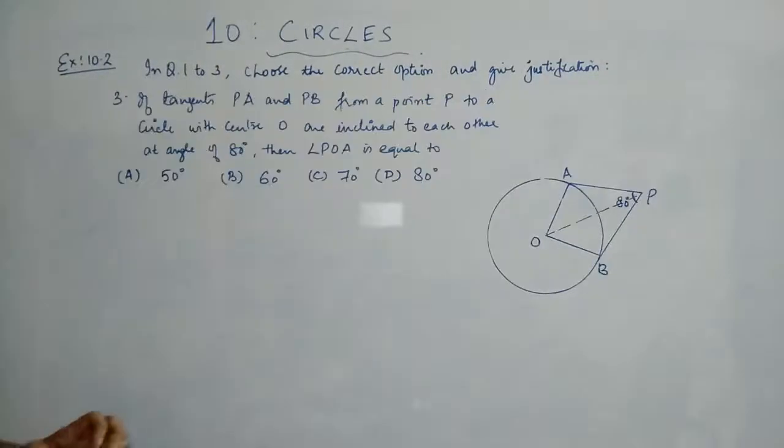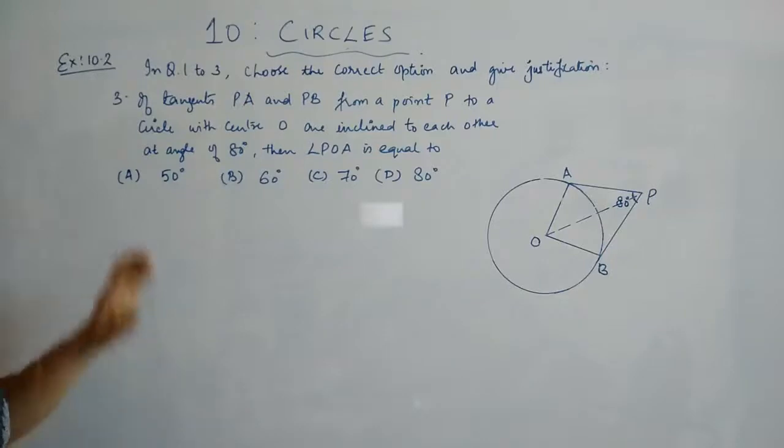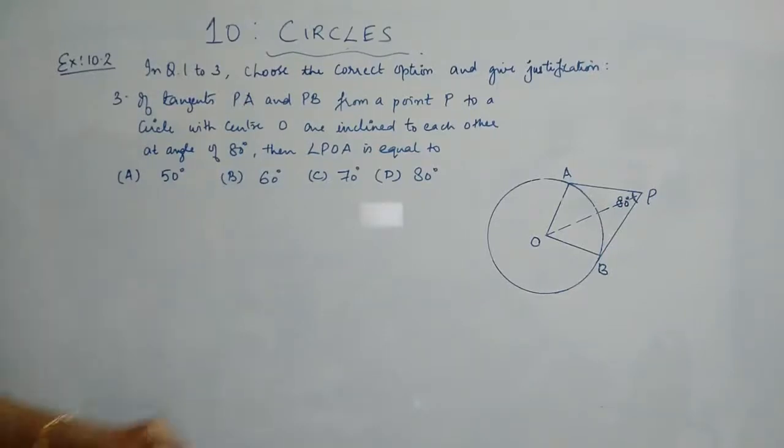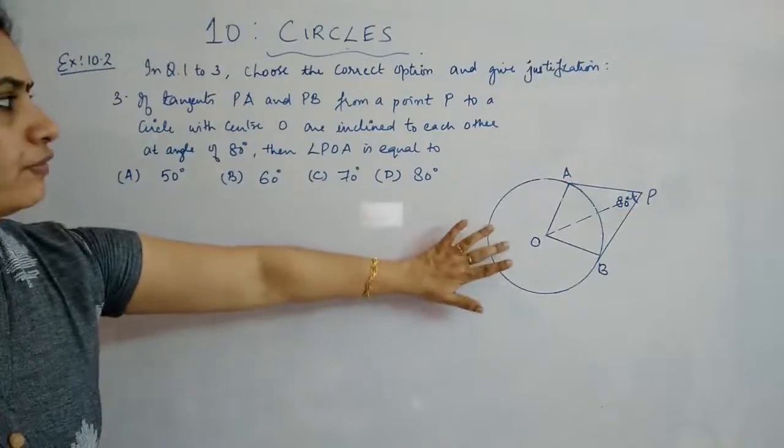Okay. Question number 3 is, if tangents PA and PB from a point P to a circle with center O are inclined to each other at an angle of 80 degrees, then angle POA is equal to, four options are 50 degrees, 60 degrees, 70 degrees, 80 degrees. So we will move on to the figure.